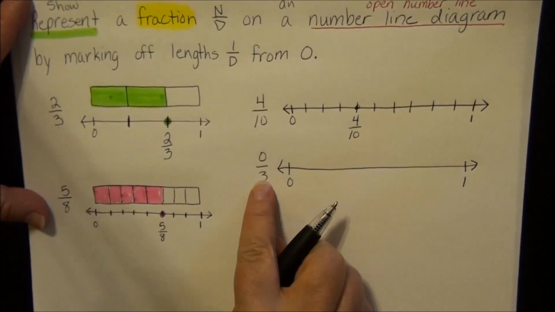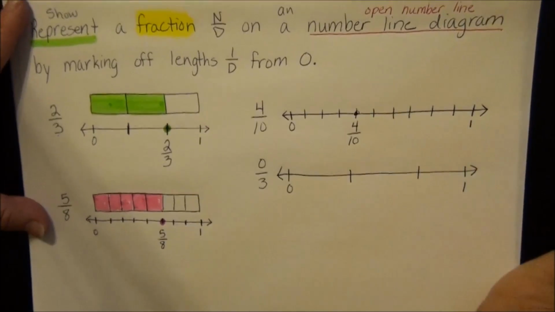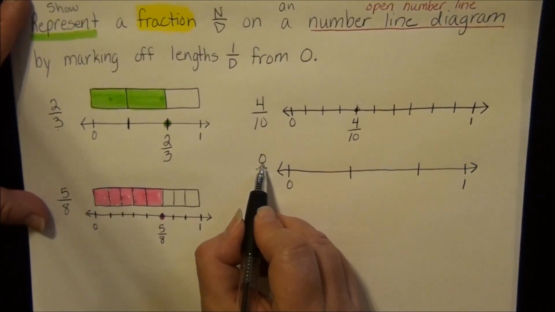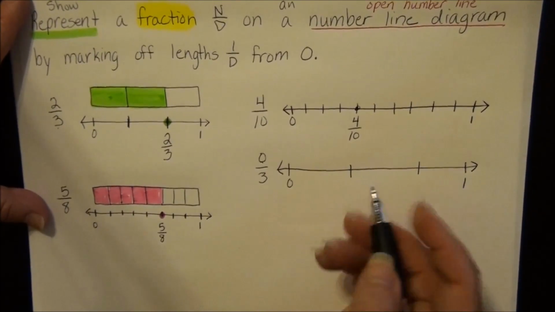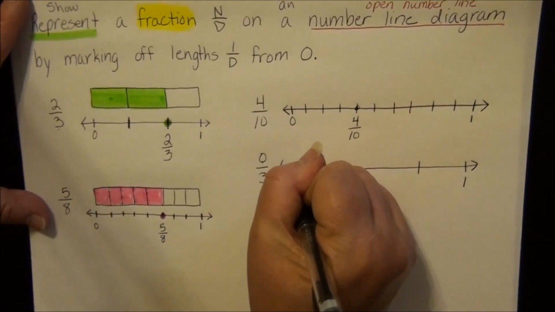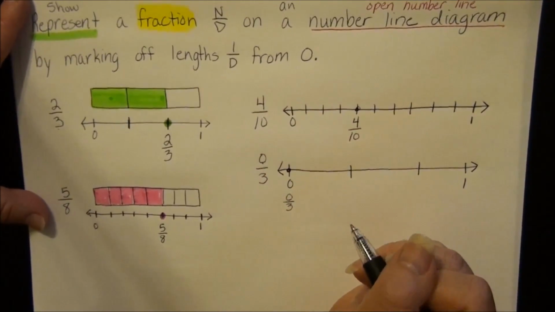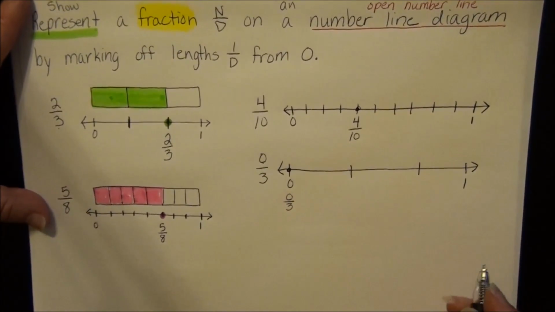Okay, I have 3 equal parts, so I need 2 vertical lines. And I'm going to color in 0 equal parts, which means I'm not coming out even to 1. I'm going to be right here. 0 out of 3. You might notice something there, but I'm not going to say anything. We'll talk about it later.